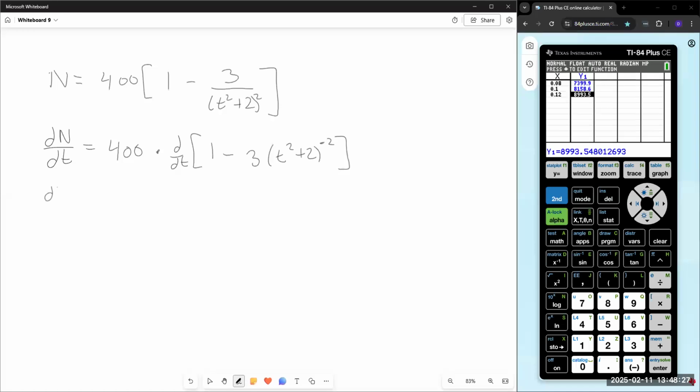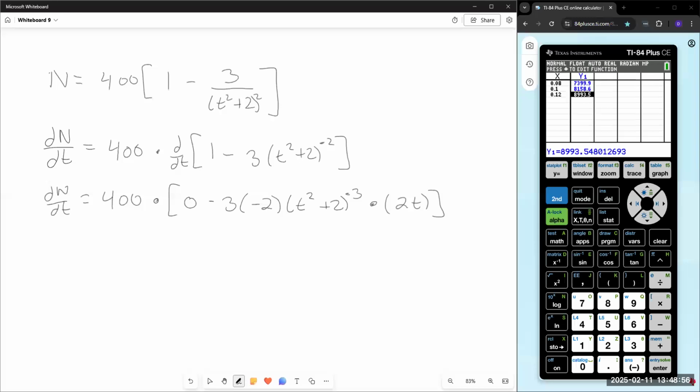So dN/dt is 400 times, and then when I take the derivative of what's inside here, this is 0 minus 3 times a negative 2, t squared plus 2 to the negative third, times the derivative of the inside, which is 2t.